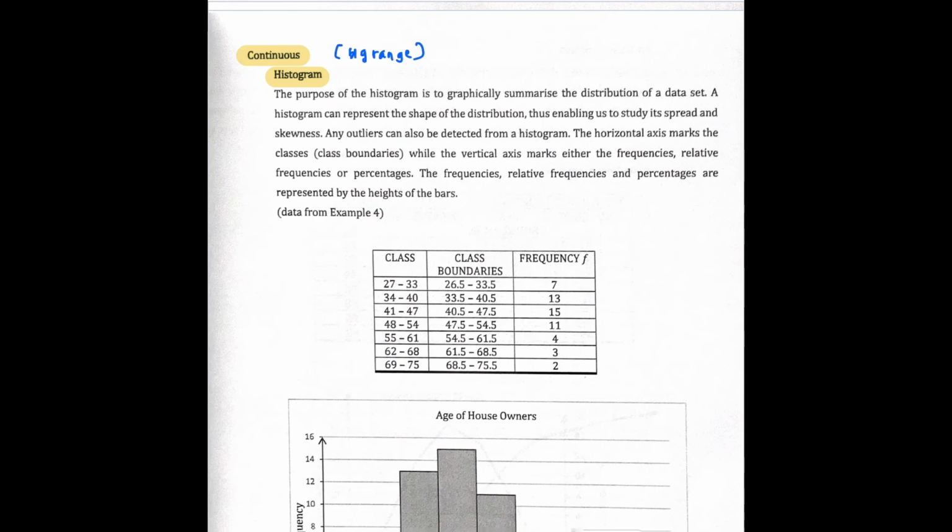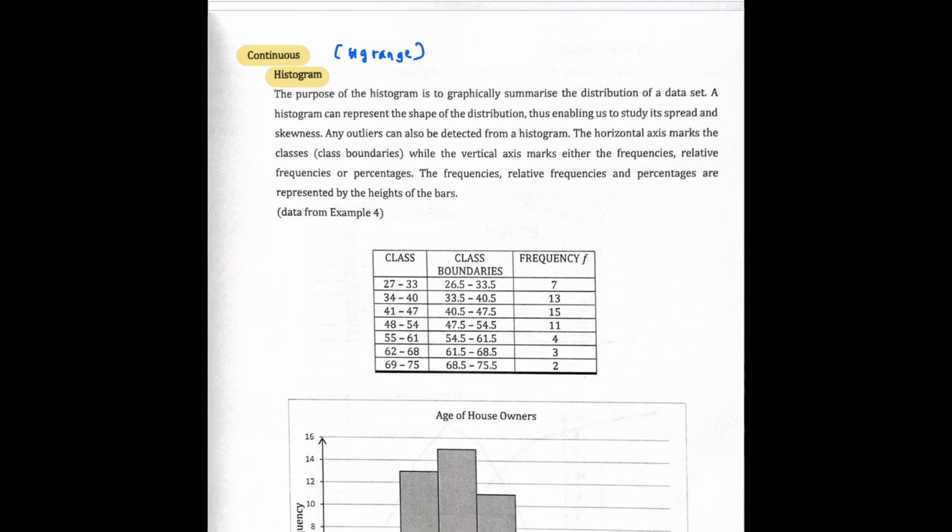If you want to display the histogram, make sure you add on the class boundaries column. How to find the class boundaries? Lower class boundary: the lower limit, which is 27, minus 0.5. And then the upper boundary: the upper limit, 33, plus another 0.5.